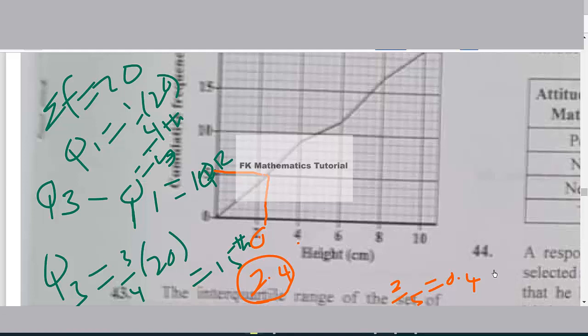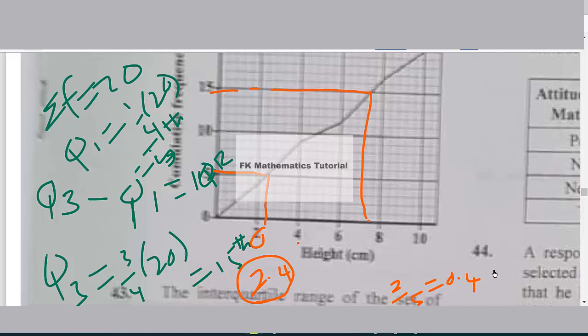Now if we come to the 15th, if we trace the 15th from the graph, it will touch here, which is in the middle of the third and the fourth. So we trace it down to this point.